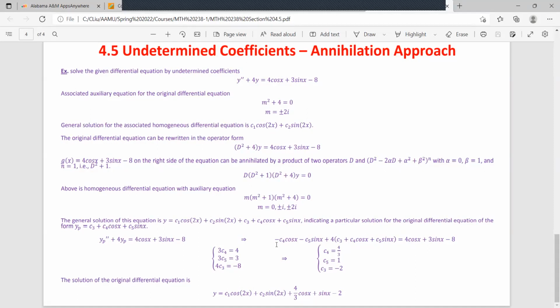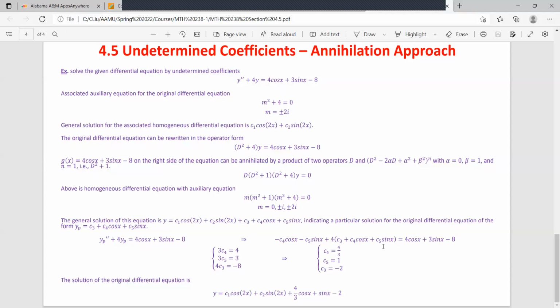For example, if you combine negative C4 cosine x with 4 times C4 cosine x, you're going to get 3 times C4 cosine x, and that matches 4 cosine x on the right. So that means 3 C4 equals 4. Similarly, you can combine negative C5 sine x with 4 C5 sine x.